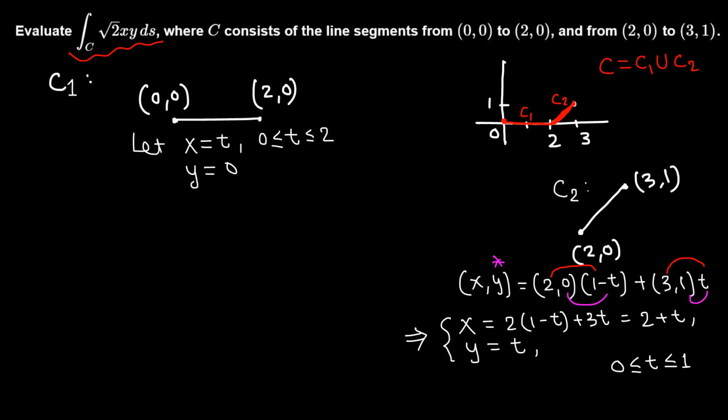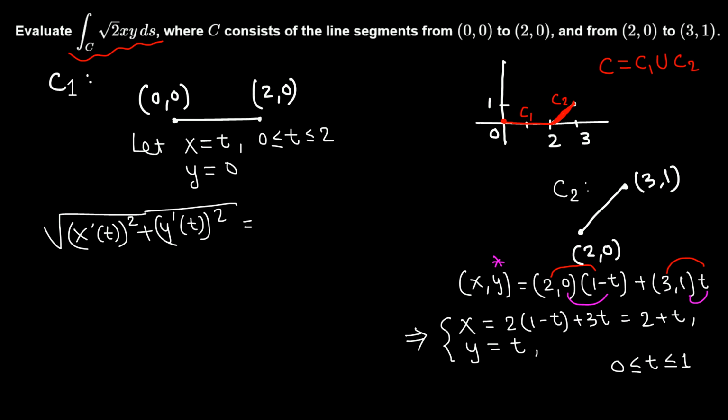Okay, so let's find the line integral on the first line segment. Over C1, we need to find the square root, because when we change ds into dt, we need this quantity: the square root of (x prime of t) squared, that's dx over dt squared, plus (y prime of t) squared.